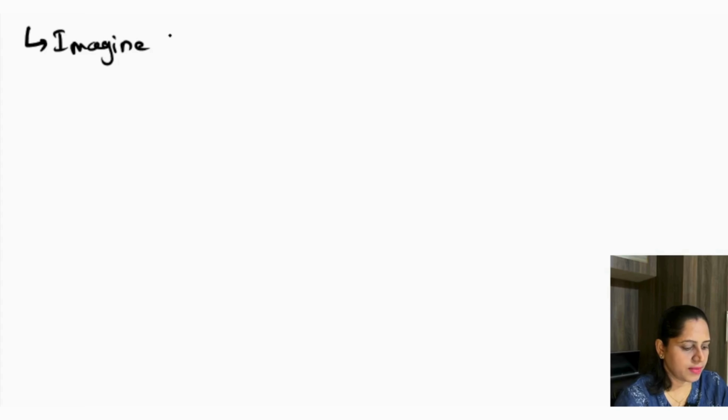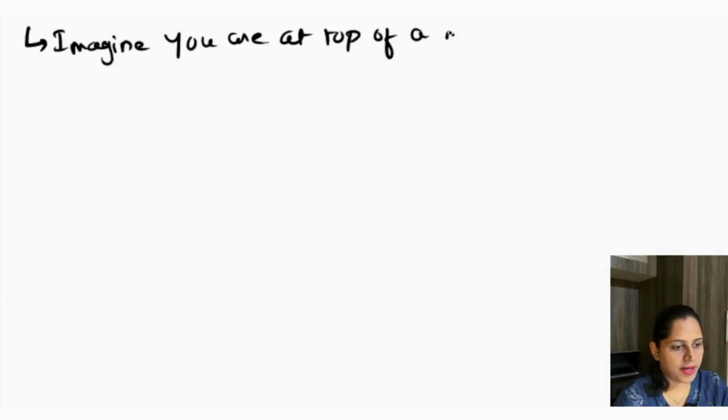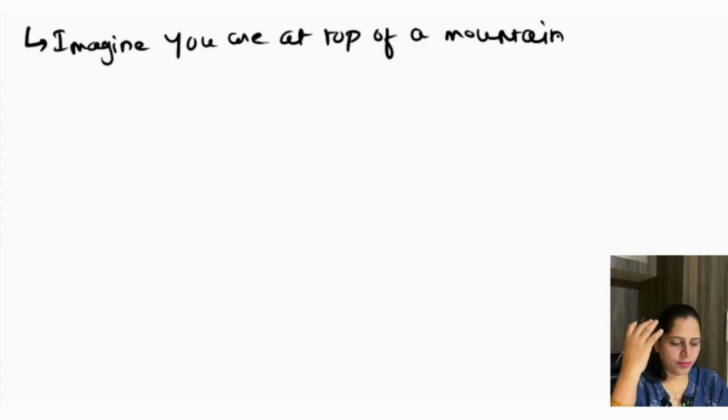To give you one short example, an analogy: imagine you are at the top of a hill. I'm writing down that example so that it stays in your memory forever. Mountain.